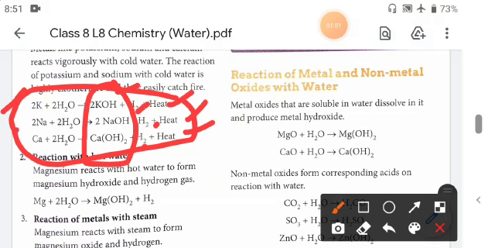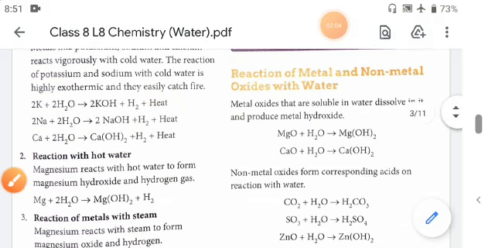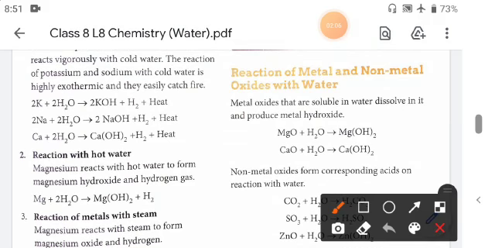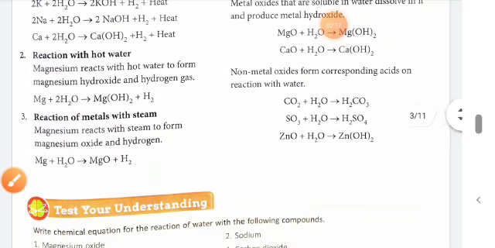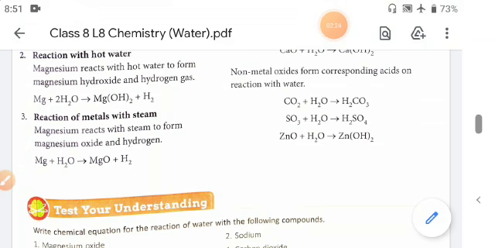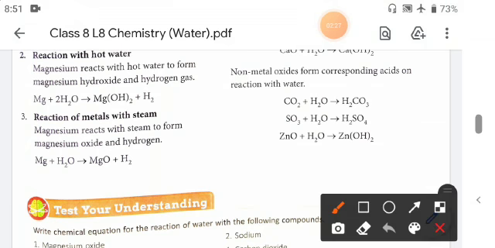When sodium reacts with water, it gives sodium hydroxide, hydrogen gas and heat, and calcium gives calcium hydroxide, hydrogen and heat. And when metals react with hot water, the metal gives the metallic hydroxide, very same, and hydrogen gas is liberated.